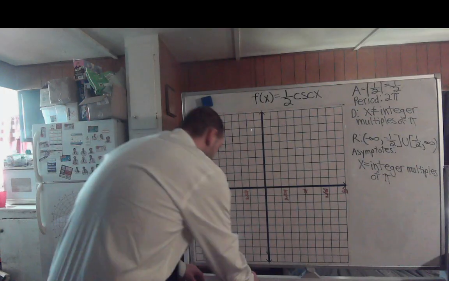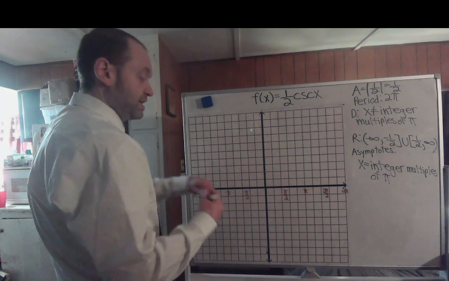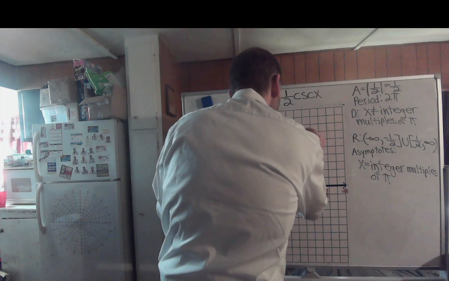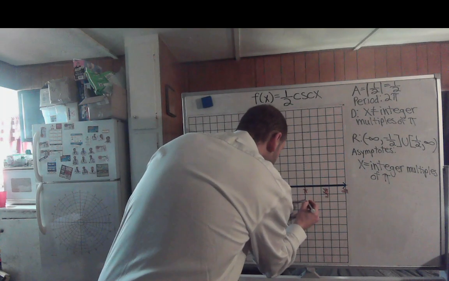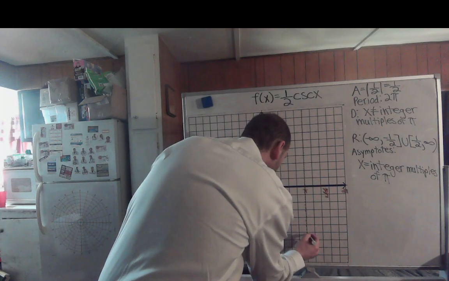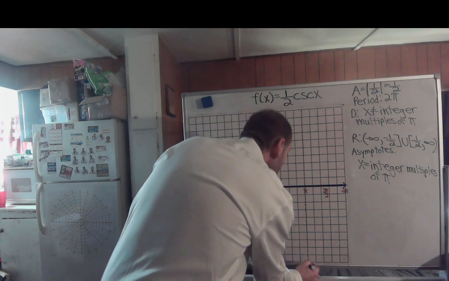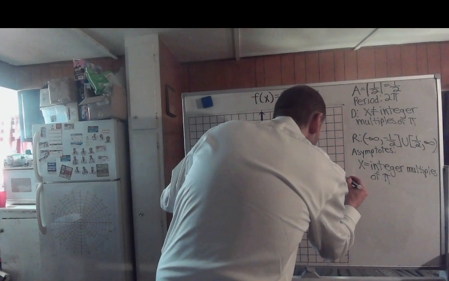So let's go ahead and plot the asymptotes. We know at x equals 0 is an asymptote. There will be another one at pi. Let's plot those asymptotes so we can help guide the curve. Another one at 2 pi.